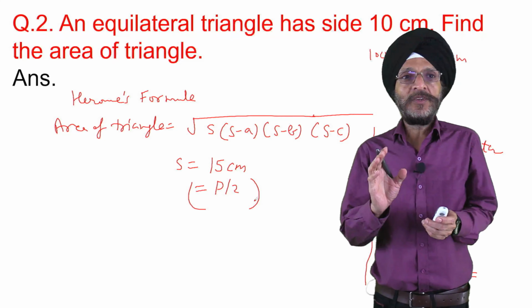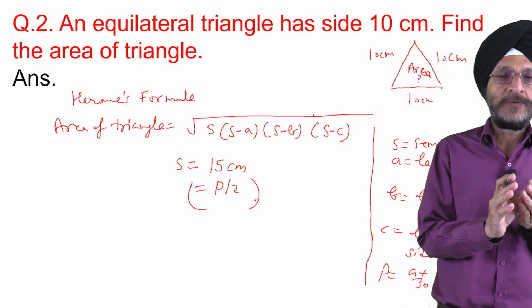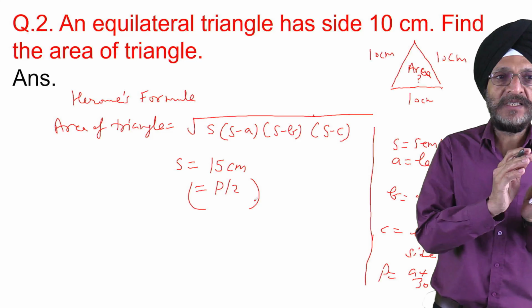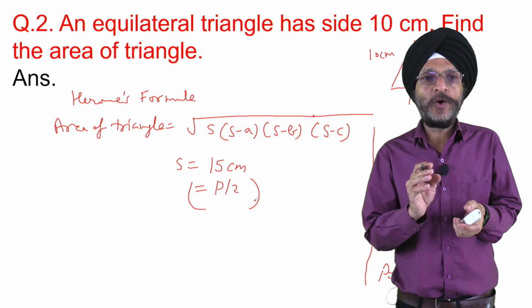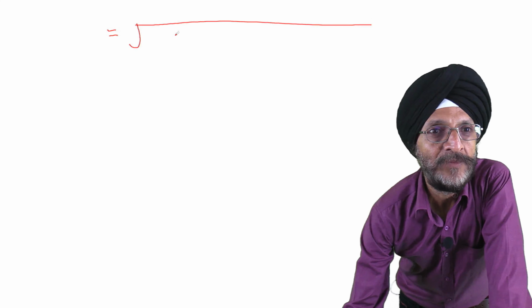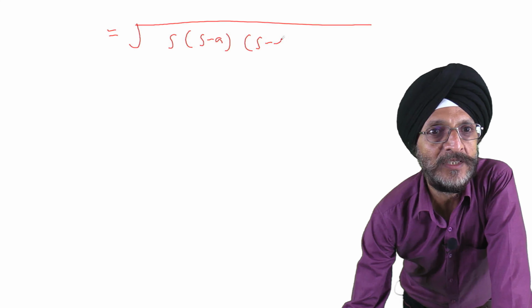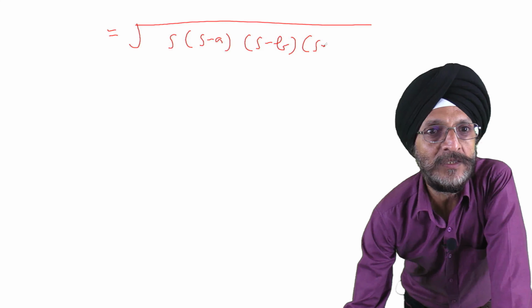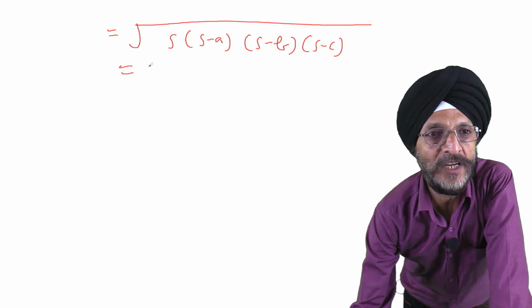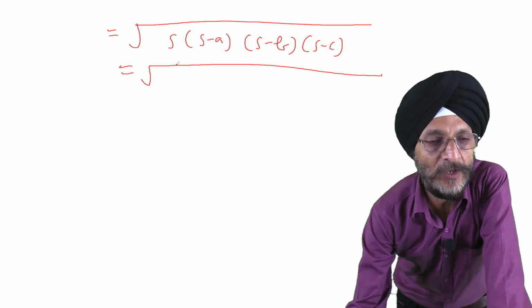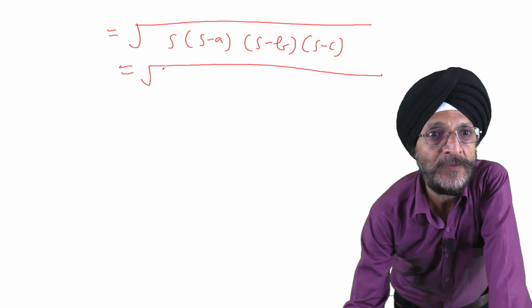So now we will use these values of a, b, c and s to calculate the area of the triangle. Area of triangle is equal to under root s into s minus a into s minus b into s minus c. We will put in the relevant values. What is the value of s which has been calculated?